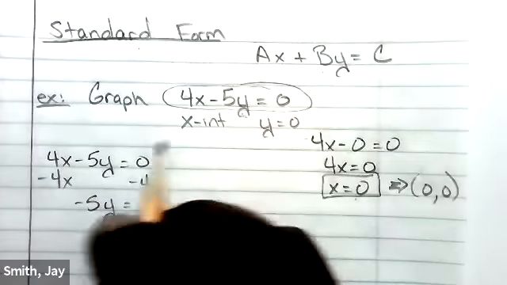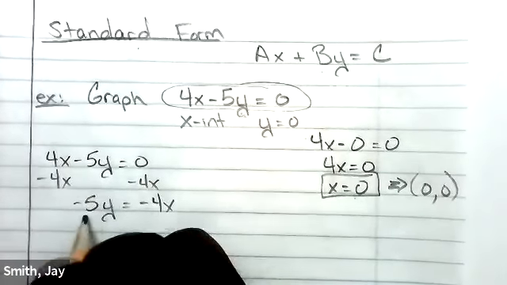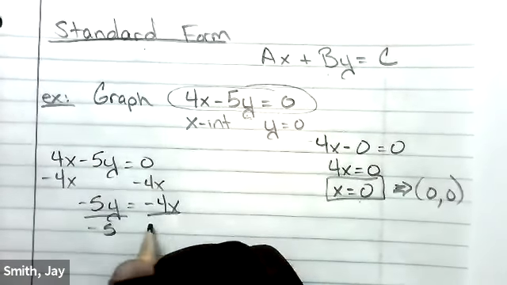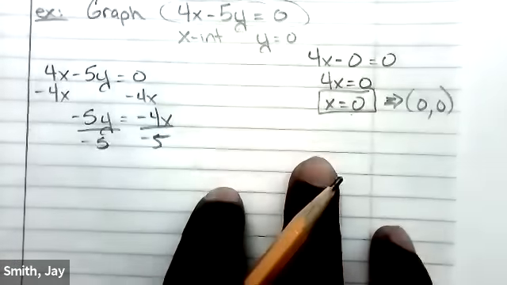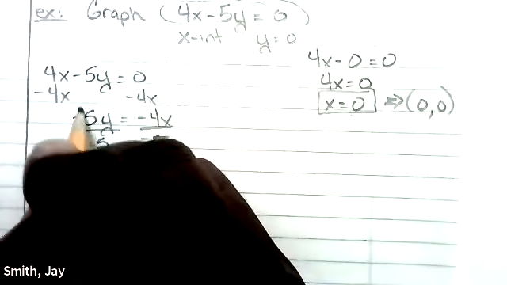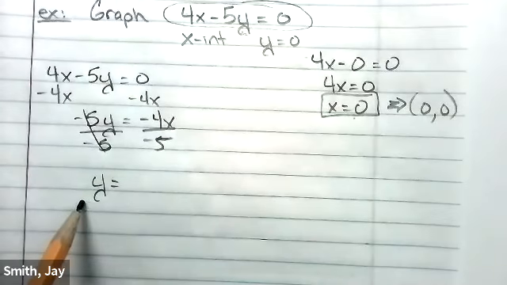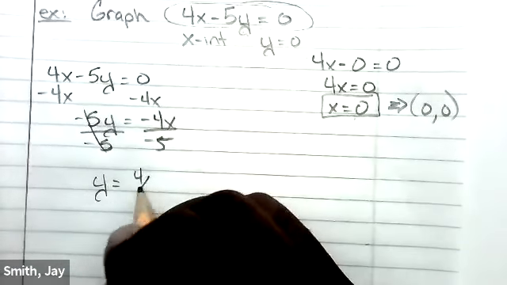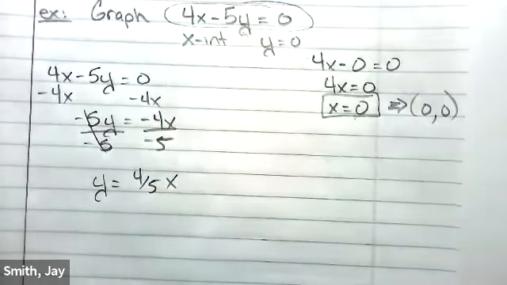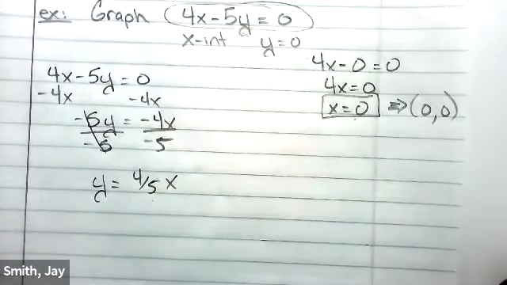That gives me negative 5y is equal to negative 4x. Then we can divide both sides by negative 5 to get the y by itself. So now we have a singular positive y is equal to a positive 4/5 x. And this will be my slope, 4/5.